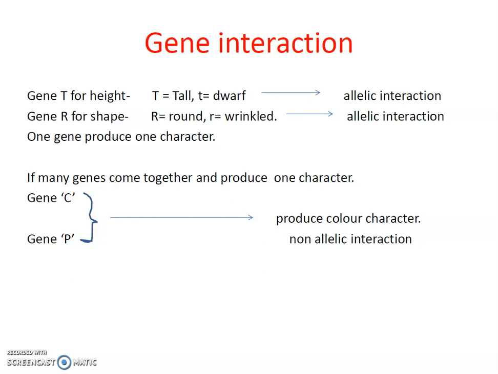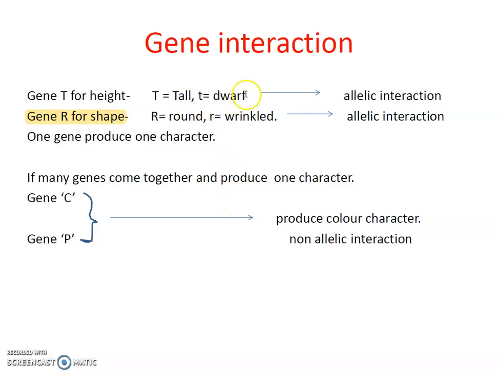Gene interactions. Suppose gene T is for height and gene R is for shape. These are the two genes. The T gene has two forms, or two alleles, capital T and small t.